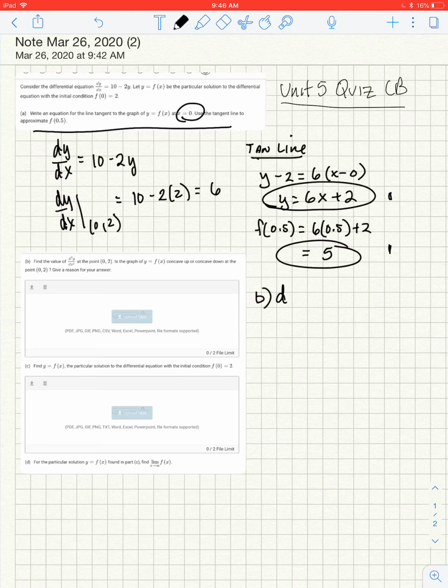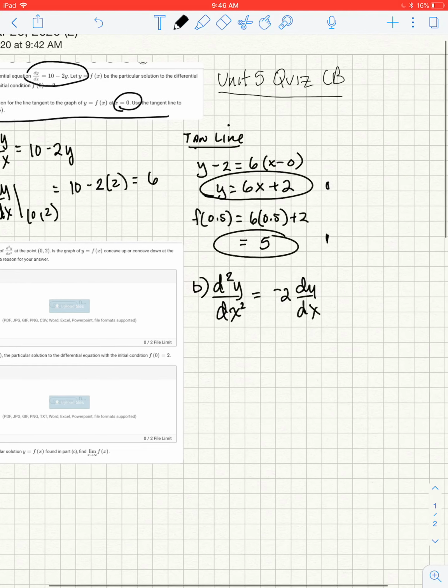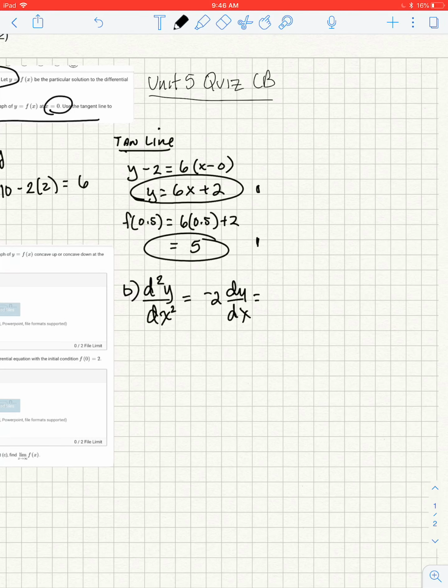Okay, so for part B, when we're doing the second derivative, you're taking the derivative of our differential here, right? So that's going to be -2, and then don't forget your dy/dx. And so dy/dx was 10 minus 2y.